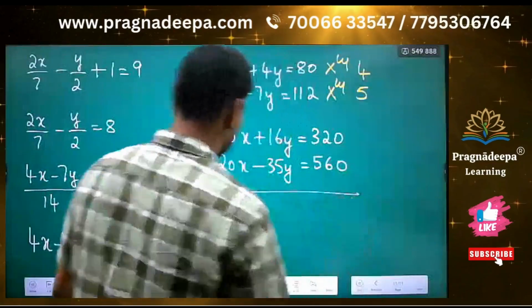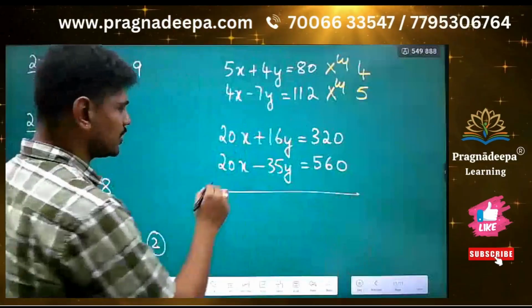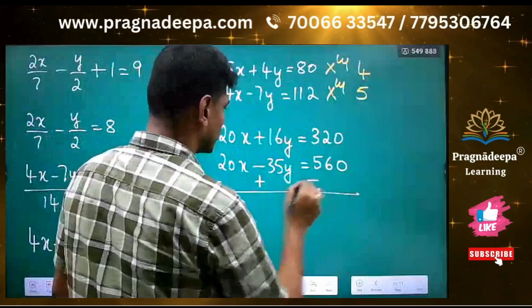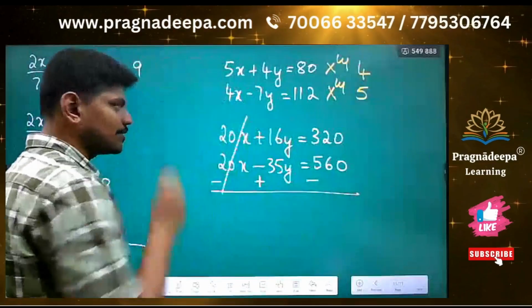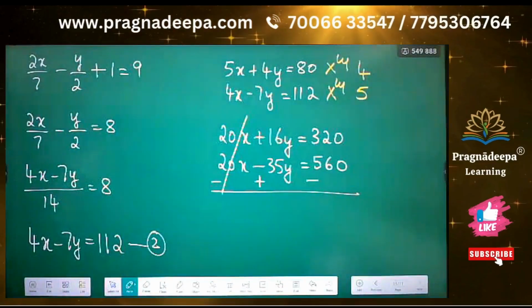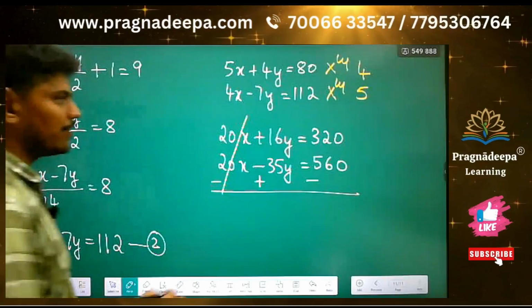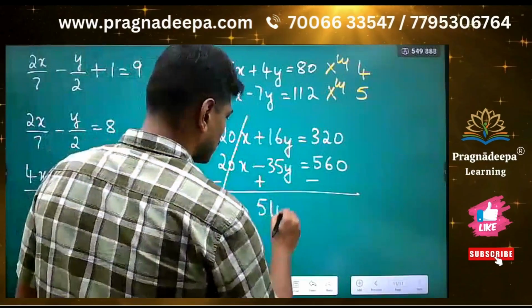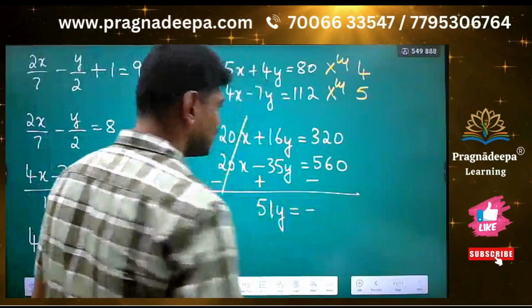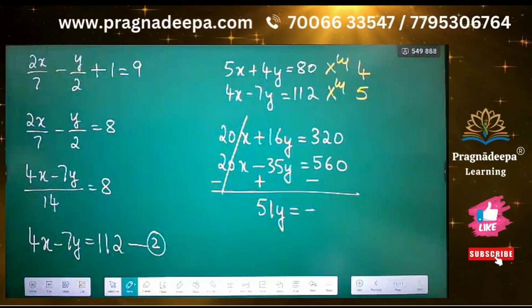And change of sign is required because they do not have opposite signs. So minus, plus, minus. So you cancel this. Minus 20x plus 20x. So 16 plus 35 is 35 plus 16. Is it 51? 51y is equal to minus 240, right?